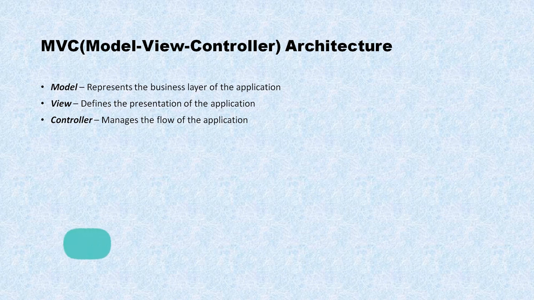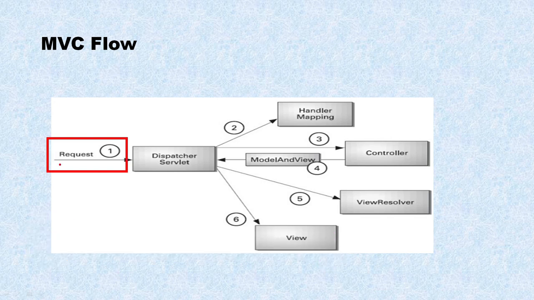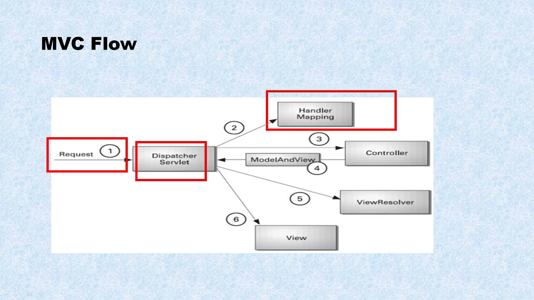Now, as far as the MVC flow is concerned, this is the flow diagram in case of MVC architecture. First of all, the user makes a call to the MVC application from a browser or any client program. Now the request will be intercepted by the dispatcher servlet, which we have already seen; I had configured it in web.xml. Now the dispatcher servlet takes help of handler mapping, which basically keeps track of all the controllers in your application.